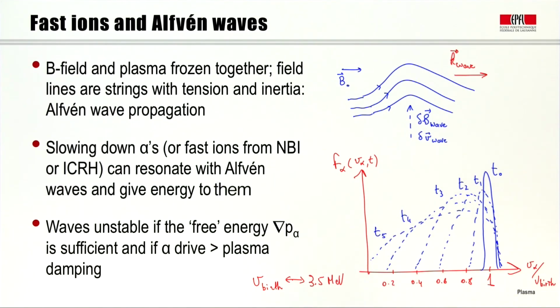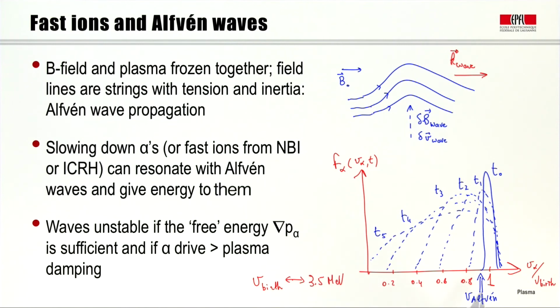During this slowing down, the Alfvén velocity will be encountered, because the Alfvén speed is typically just below the birth velocity. So there's no way we can avoid that resonance, and that's for typical parameters corresponding to a few Tesla device, 10 to 15 keV of temperature and 10 to the 20 per cubic meter of density.